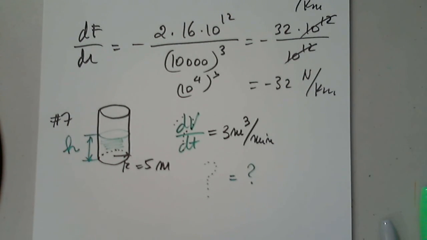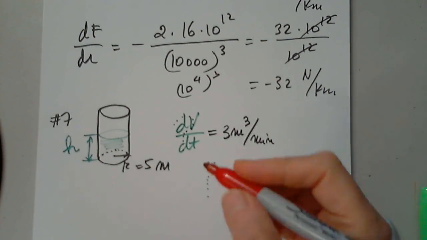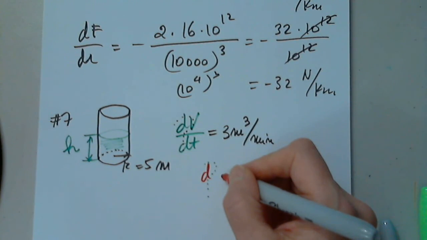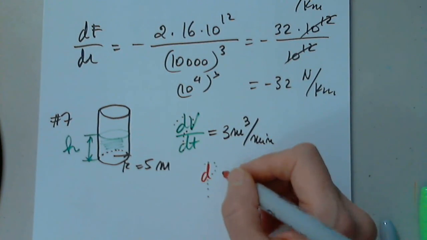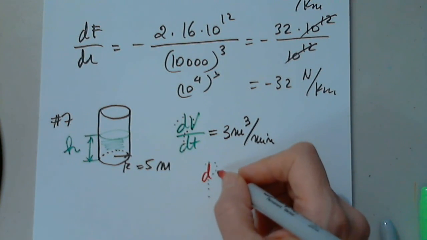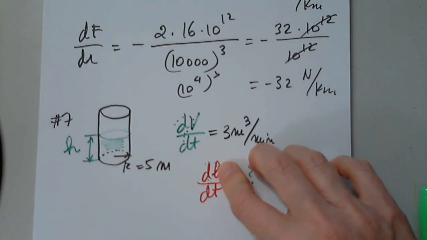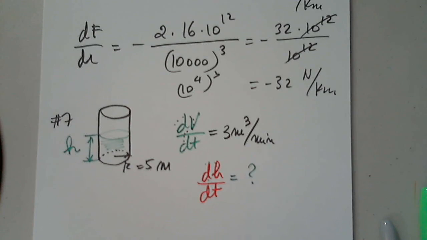How fast is the height of the water increasing? What do I have here? dV. The velocity, right? How fast is the height of the water? Oh, dH over dt? Brilliant. Yeah.